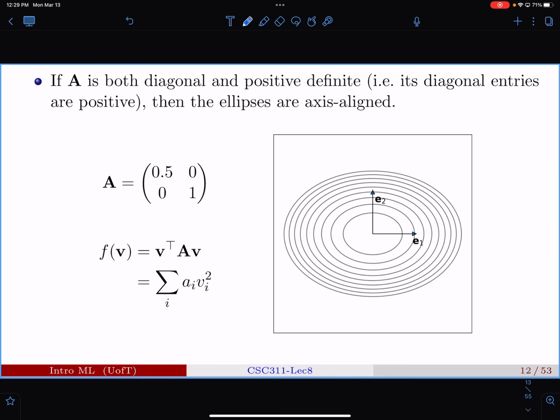That's because if we have this A matrix like here, we can write this as 0.5 x1 squared plus x2 squared. And if you remember the definitions of ellipsoids, this is exactly an axis aligned ellipsoid. You can draw out what each of the contour lines looks like.